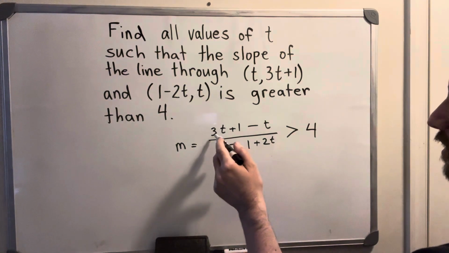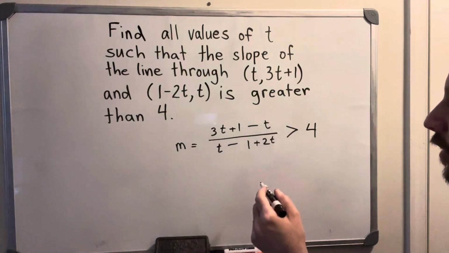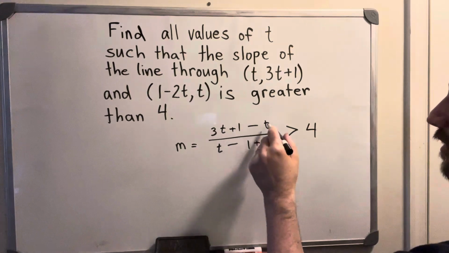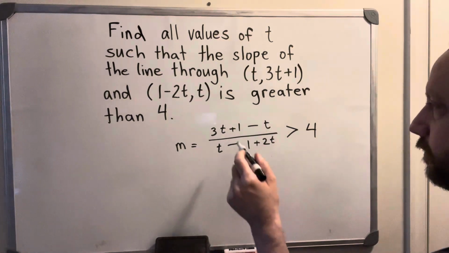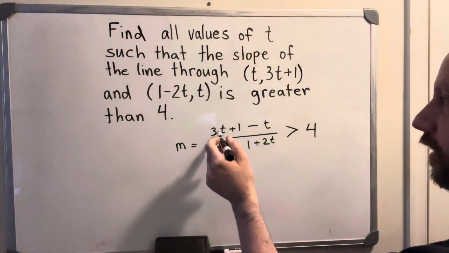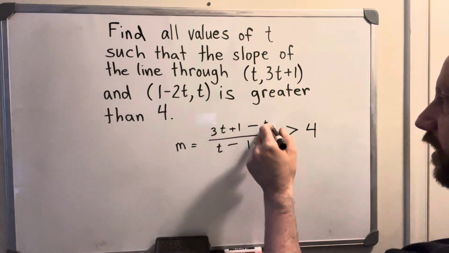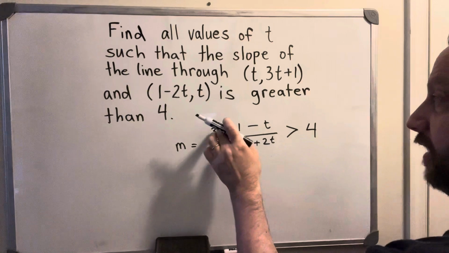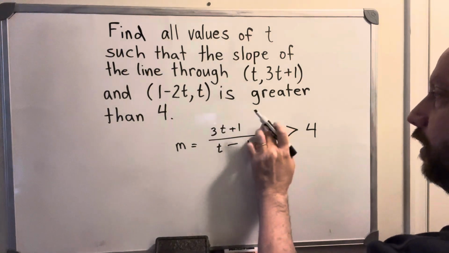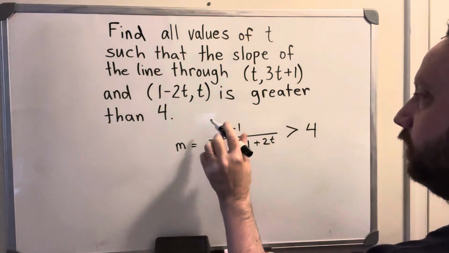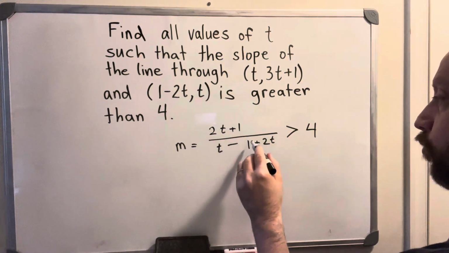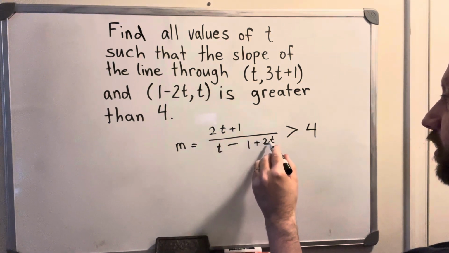Now how can we simplify the numerator? 3t plus 1 minus t. We group the likes. We got a 3t and a minus t. So what does that make? That makes it a 2t. Now we've got t minus 1 plus 2t.